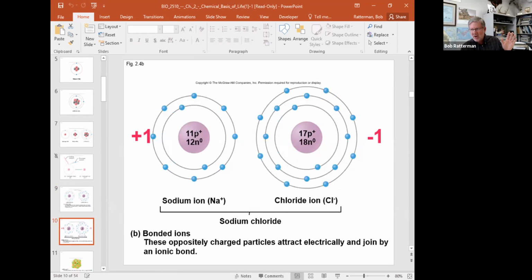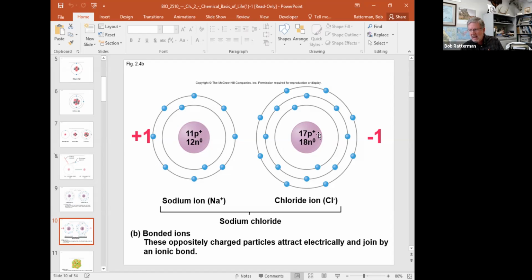So the plus charges stay at 11 all the time. That doesn't change. But how many minus charges does it have? 2 plus 8 is 10, right? So do the math. 11 pluses, 10 minuses gives you a +1.